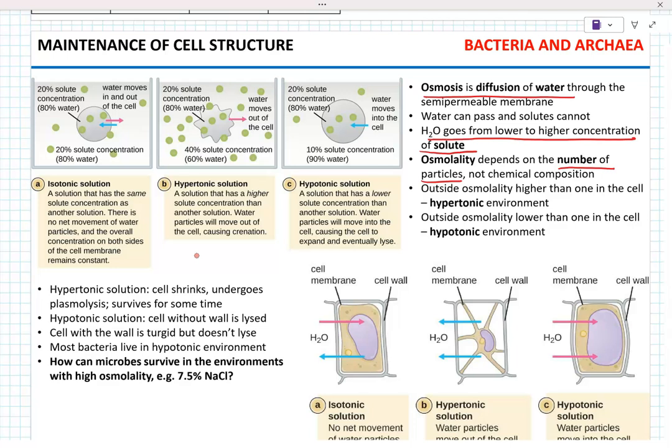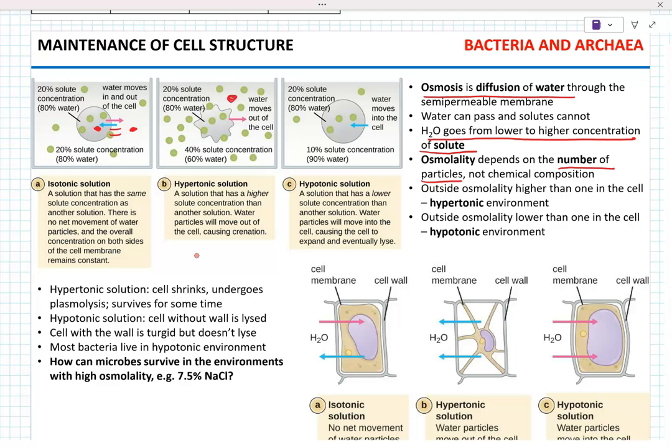Now, if osmolarity inside the cell and outside the cell is equal, we call the environment around the cell isotonic. You probably remember that term from previous biology or chemistry classes.